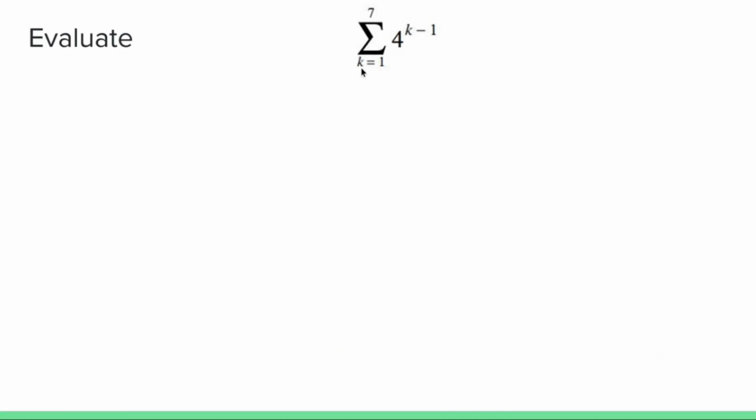We are to evaluate sigma notation starting at 1, ending at 7, and it's going to be 4 to the k minus 1. So what we'll do is plug these in straight up. We'll plug in what happens when k is 1, 2, 3, 4, 5, 6, and 7. And then we add them all up.